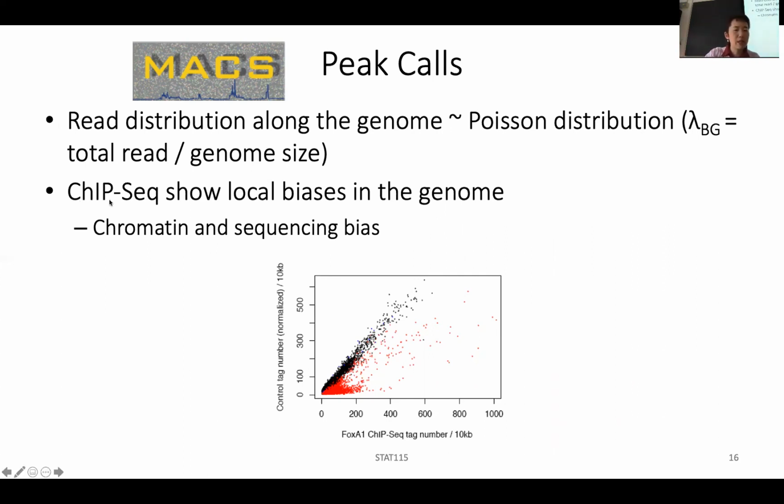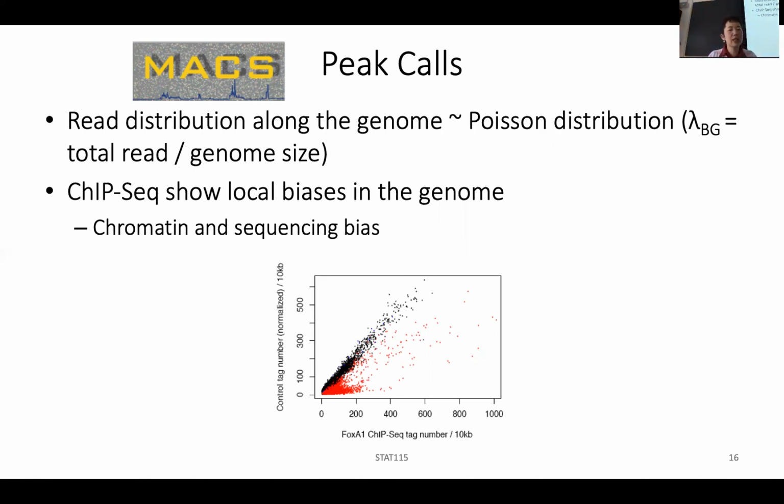So one thing we noticed that's kind of interesting is that when you sequence the ChIP-seq sample, also if you sequence the input control, you will notice that there is a very big local bias in the genome. Even people in the early days when they were sequencing the human genome, that's naked DNA. It's just DNA without any chromatin structure.